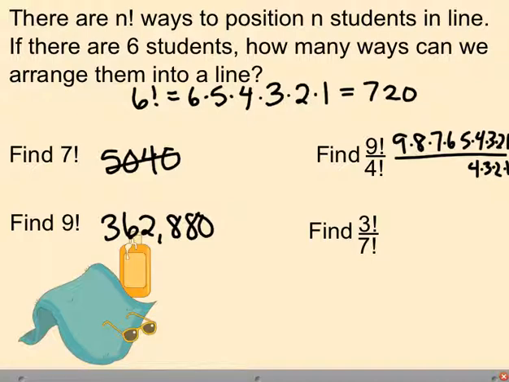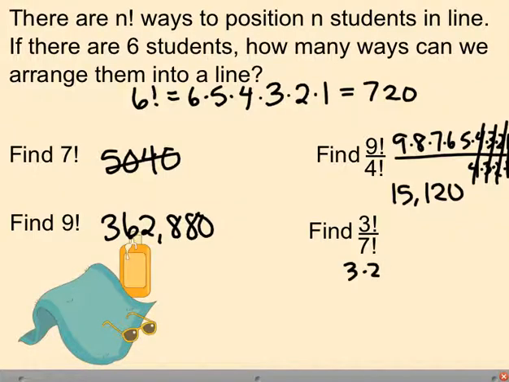Which means when we look at these, 4 divided by 4 is 1, 3 divided by 3, 2 divided by 2, 1 divided by 1, which means all we really need to do is this 9 times 8 times 7 times 6 times 5, which gives me 15,120. Okay? And same with the second one here.